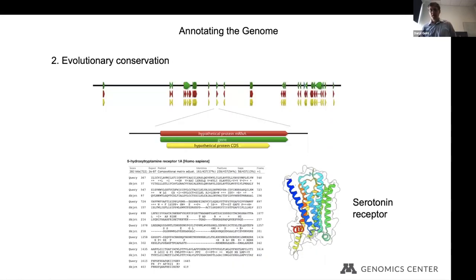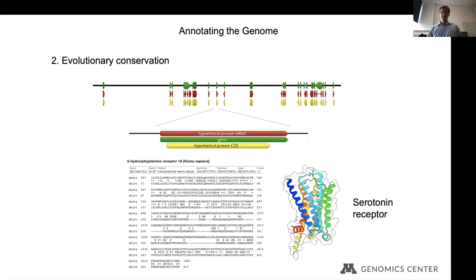We can then use information from the lots of other genome sequences that are available, some of which have been really well characterized. For instance, the human genome, where there's been more than 20 years of effort on trying to understand the function of all the different genes, but also model organisms like fruit flies or mice.